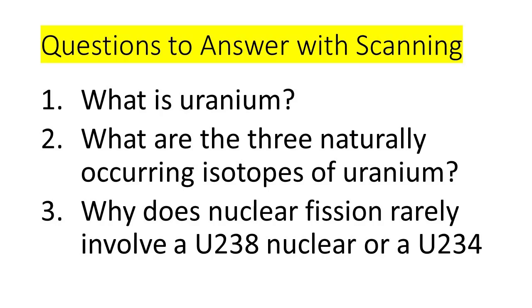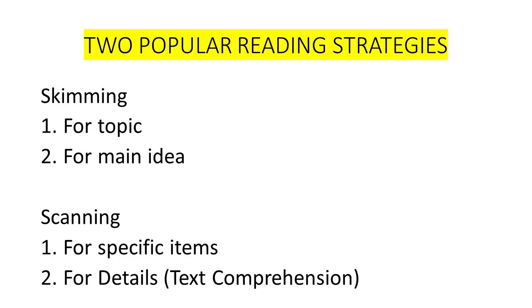So you are going to look for items, three items. Therefore, this kind of question, I can classify it into number 1, that is scanning for a specific item. So we can use scanning here as well.